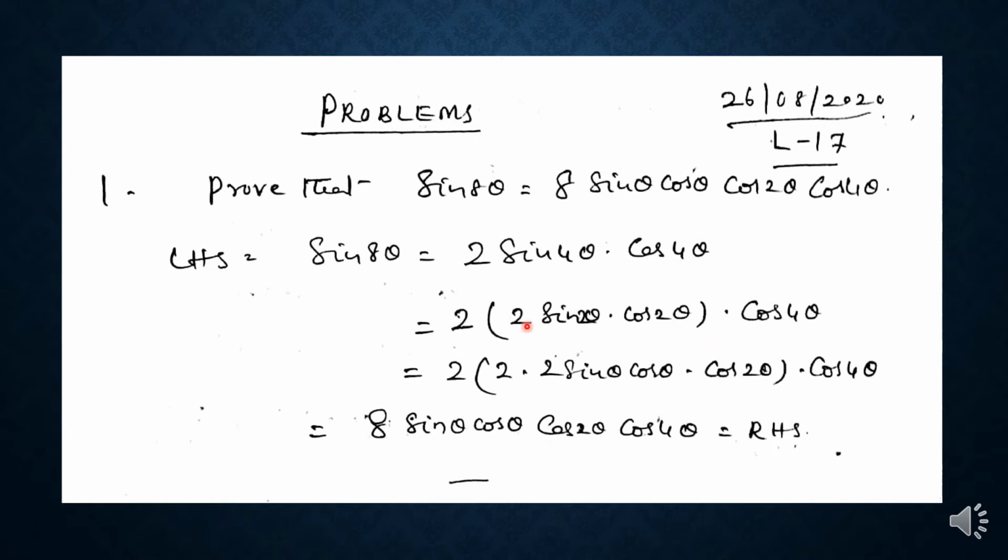Now 2 into 2 into, again sin 2 theta can be written as 2 sin theta into cos theta into cos 2 theta into cos 4 theta. So this becomes 2 into 2 into 2, that is 8 sin theta into cos theta into cos 2 theta into cos 4 theta. So by using the single formula sin 2 theta is equal to 2 sin theta into cos theta, we proved this problem.